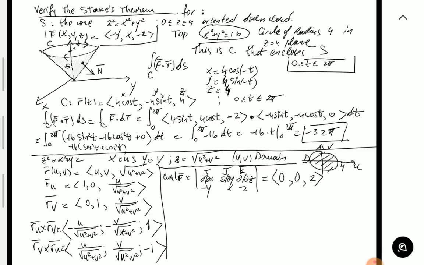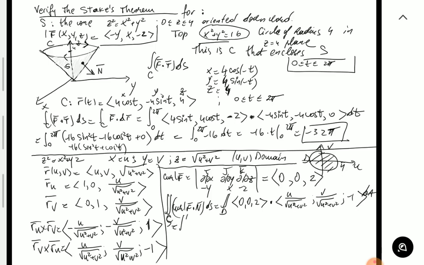So finally, let's set up the surface integral of the curl dot n dS, which turns into a double integral of the curl evaluated at the surface, but there's nothing to plug in into the curl because it ended up being constant, dot Rv cross Ru, which is u over the square root, v over that square root, and then negative 1. So that's a double integral which solves the surface integral.